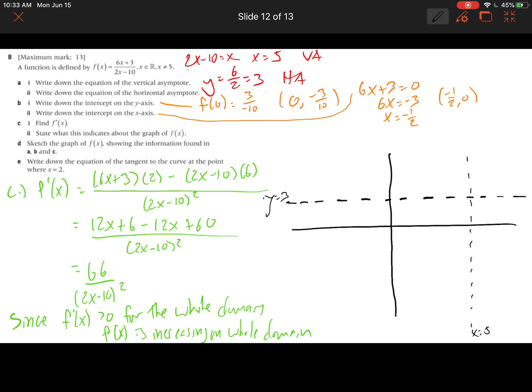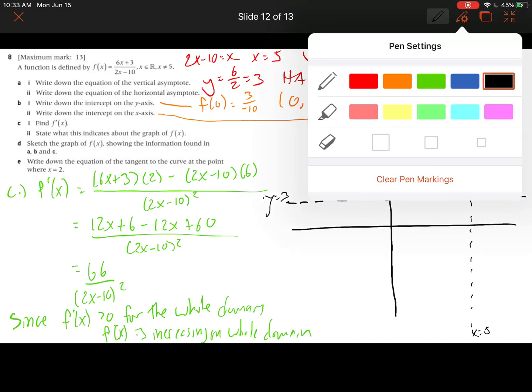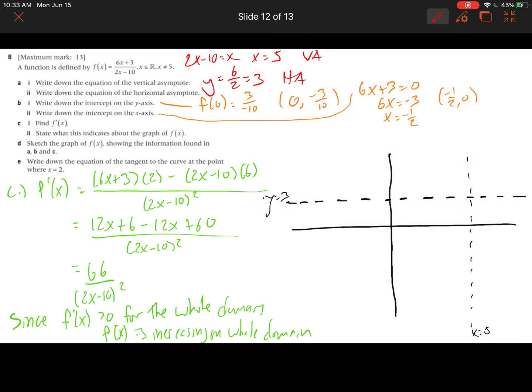We had, where are my other points at? Those two things. In part B, we had these axes intercepts. We had negative 1/2, 0. We had 0, negative 3/10.